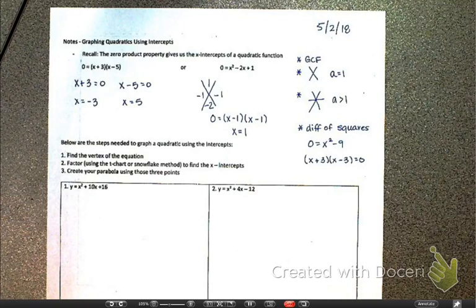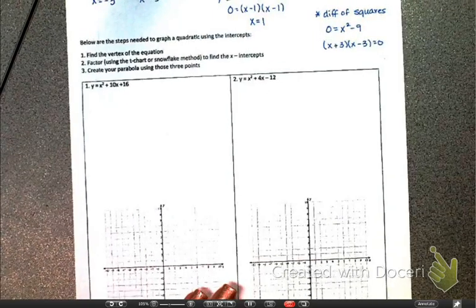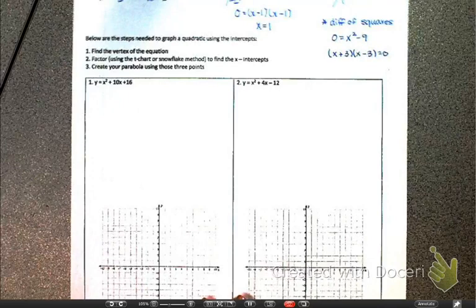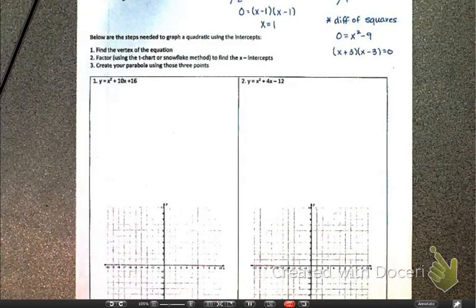All right. So there may be a time where you have a quadratic equation and you're asked to graph. So what form is this quadratic equation in? Standard form. And yesterday when we were in standard form, what did we have to find first? You had to find the vertex first, right? And what did we use to find the vertex?